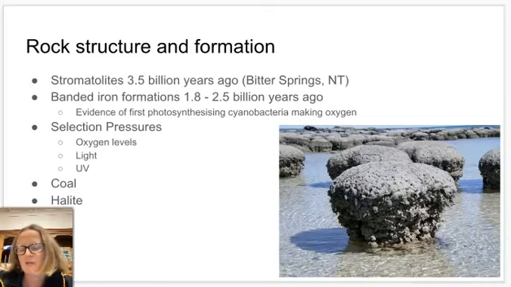They actually were the earliest forms of colonial life. They are layers and layers of single-celled bacteria and grit sticking into the goo that the bacteria make, and they were very much the earliest life forms on Earth, 3.5 billion years ago.